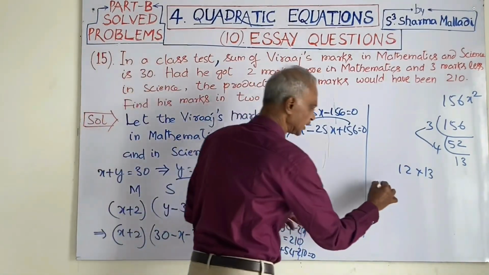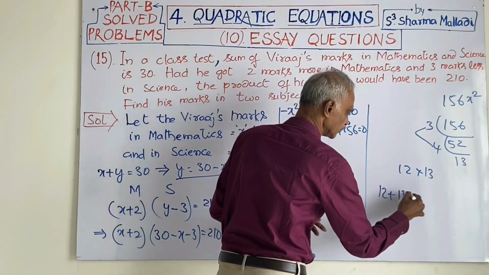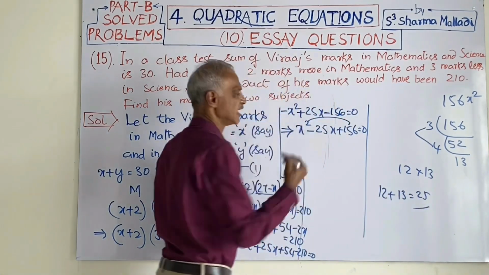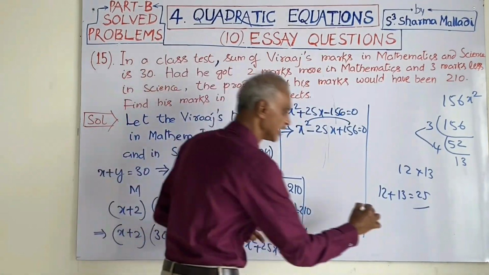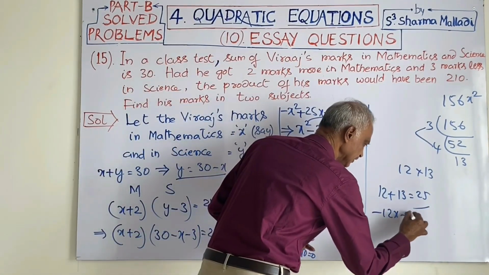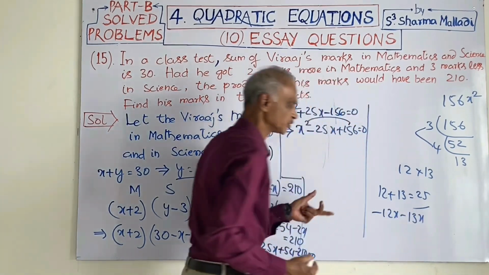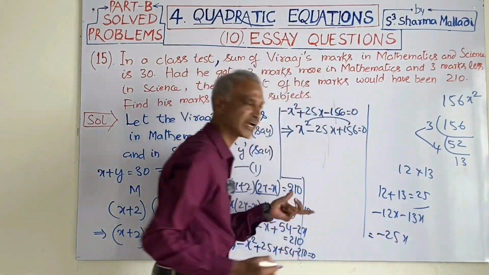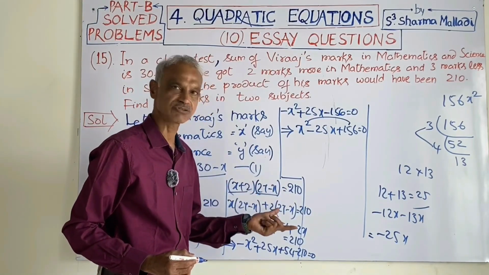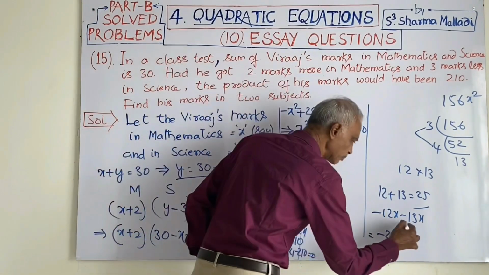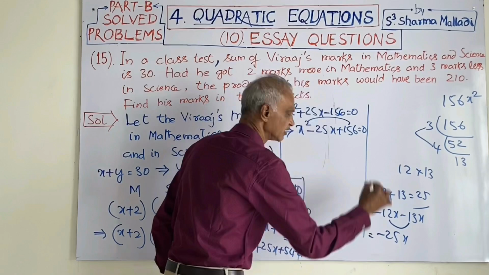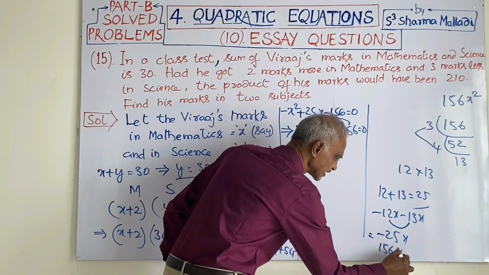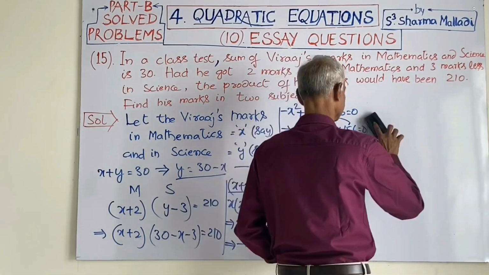If you add 12 and 13, you will get 25. As you have to take minus 12x minus 13x, you will get minus 25x if you add these two terms, and if you multiply these two terms, you will get 156x square.